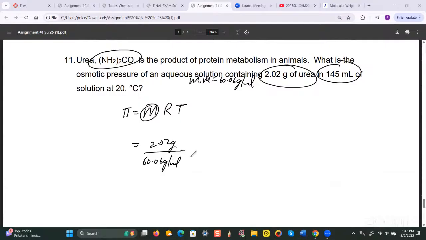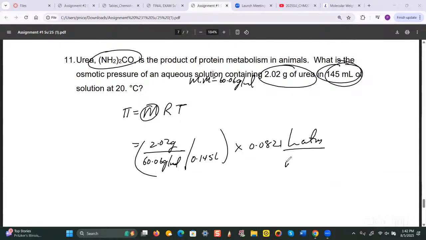And then whatever you get from that, you divide by the volume. The volume is 145 milliliters, so that's the same thing as 0.145 liters. And then I'm going to multiply all of that by R, which is 0.0821 liters atmospheres over mole Kelvin times the temperature. What's the temperature? 20 degrees, which is the same thing as 293 Kelvin.